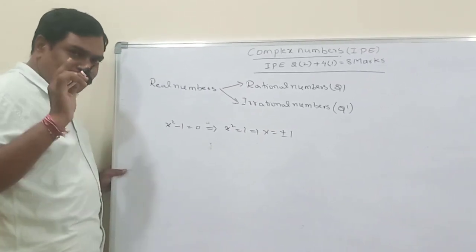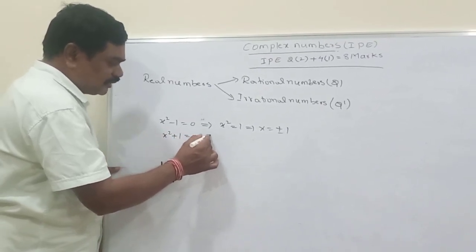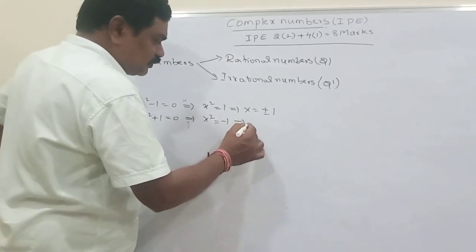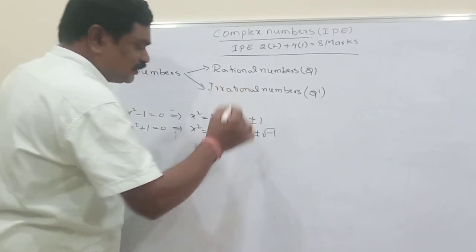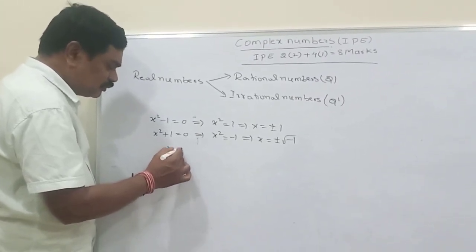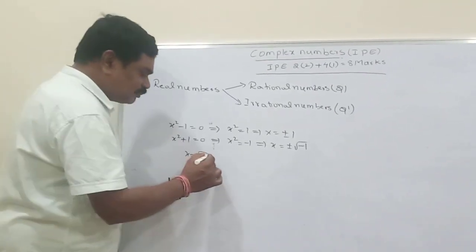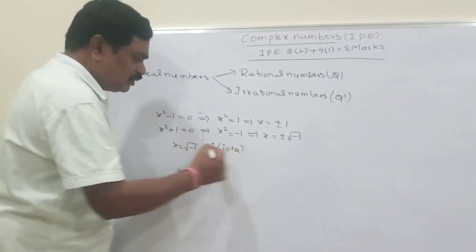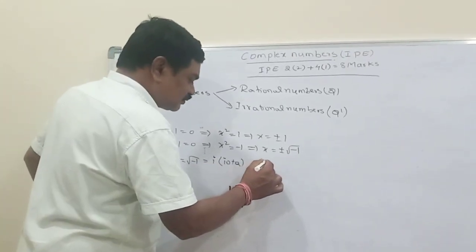But take one more quadratic equation like this: x square plus 1 equal to 0. Then we get x square is equal to minus 1. From this we get x is equal to plus or minus root over minus 1. Here root minus 1 is represented by iota. Iota was introduced by the great mathematician Euler.